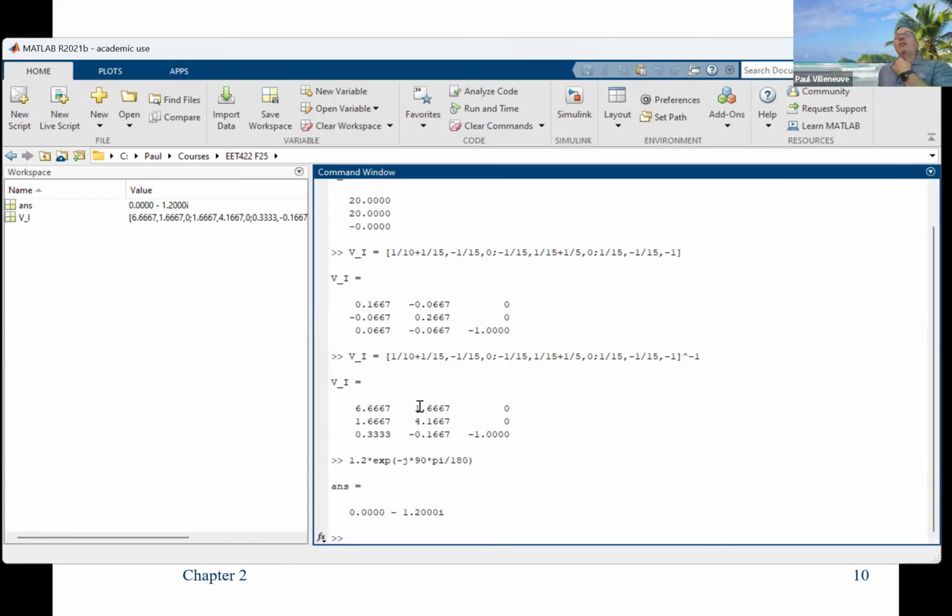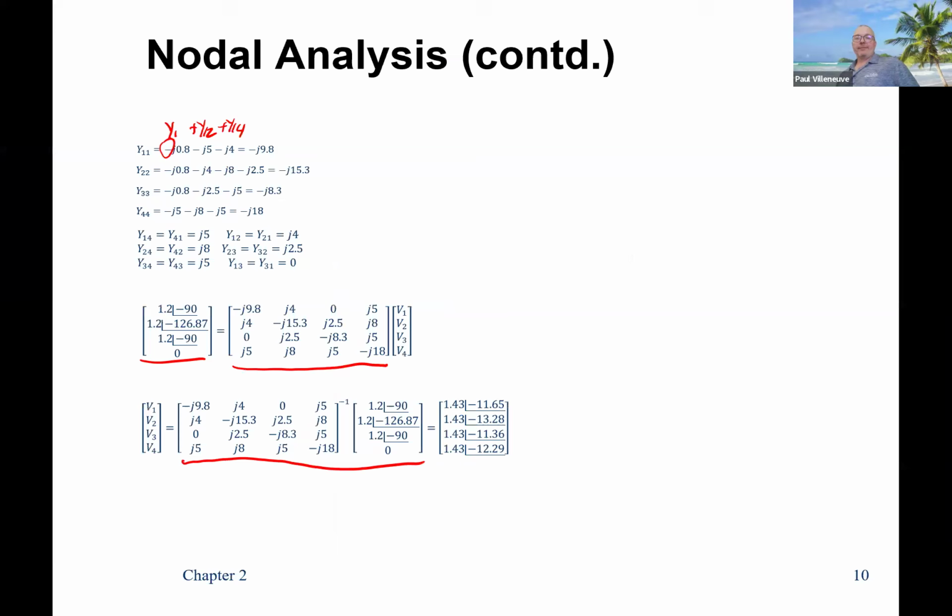And we know that 1.2 at an angle of -90 is just -j 1.2, right? And that's what's confirmed here. So that's how you enter complex numbers or polar complex numbers in MATLAB. Okay.